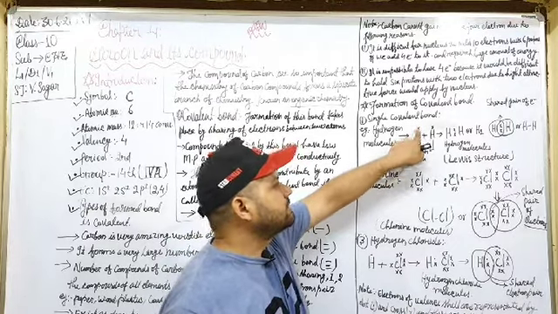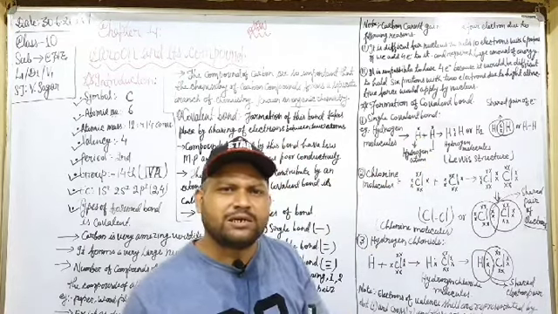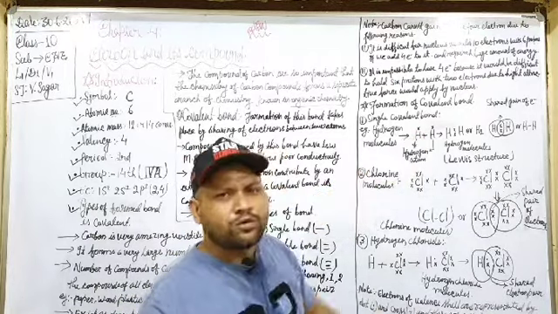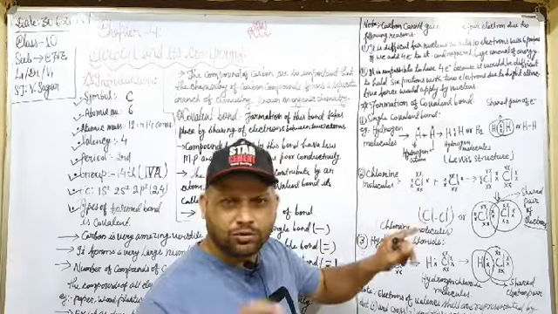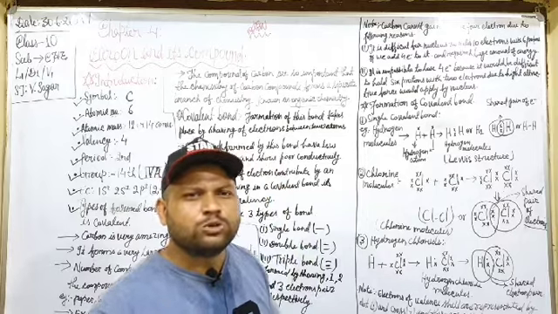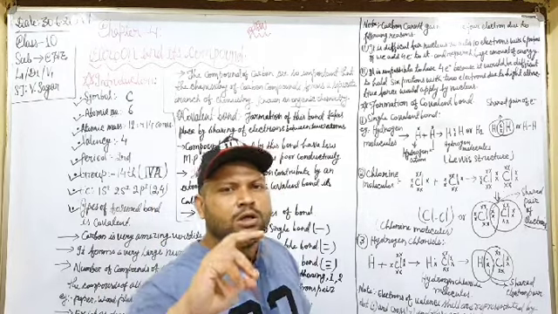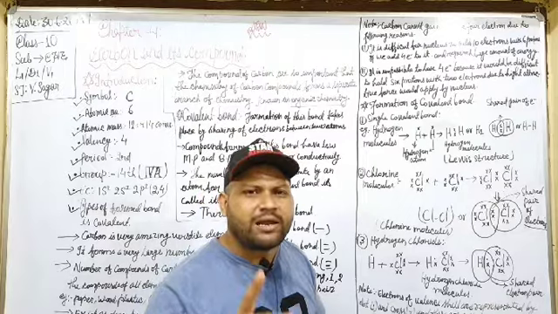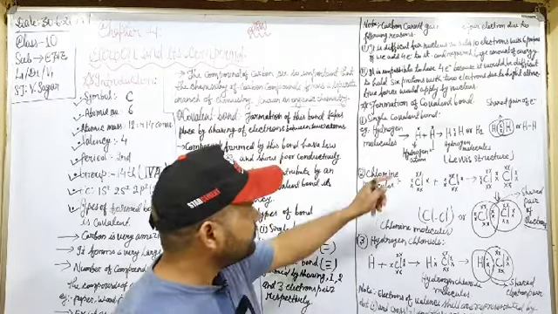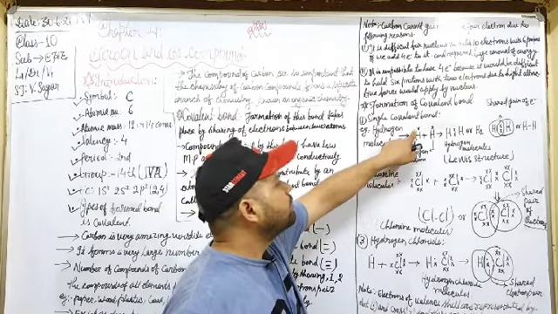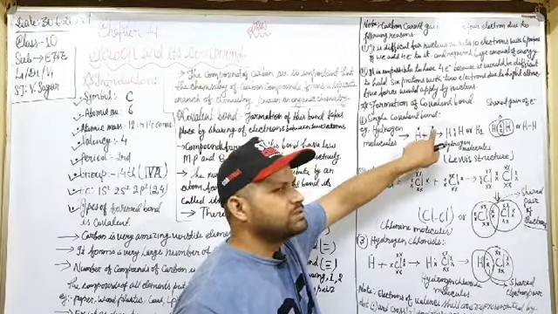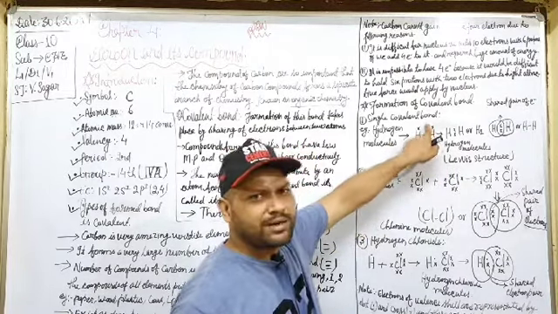A hydrogen atom contains only one valence electron. It is shown here by Lewis notation, and this structure is called a Lewis structure because G.N. Lewis gave the idea to represent an electron by a cross or by a dot. Here the valence electron of one hydrogen atom is shown by a cross, and the valence electron of the second hydrogen atom is also shown by a cross.